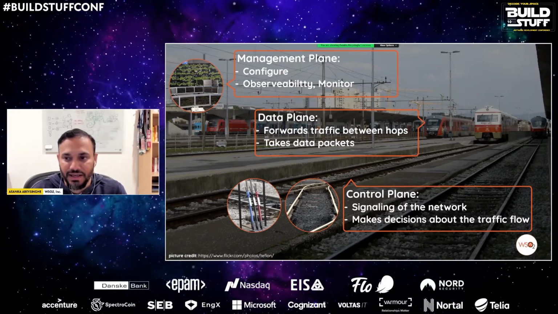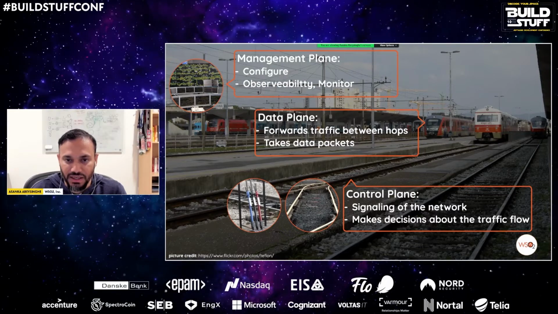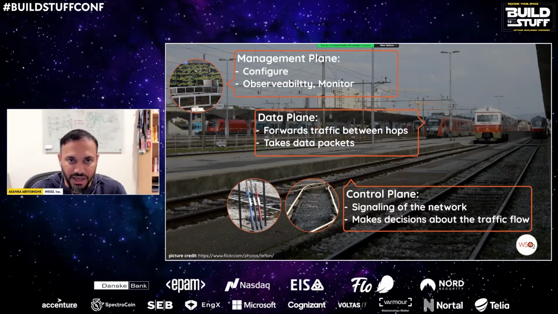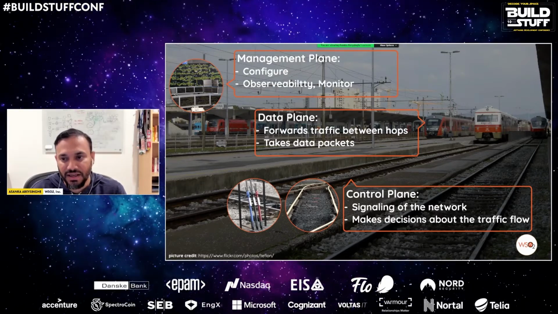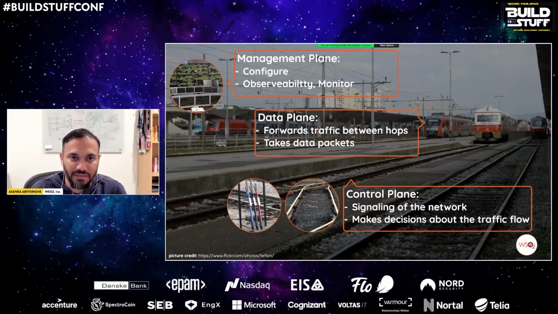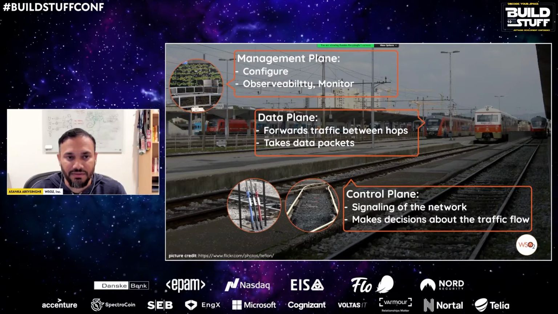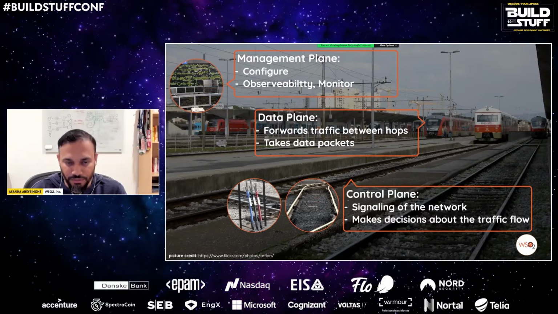The data plane is the train compartments where the passengers, or in networking the messages, are going up and down. And there's a management plane that controls or configures the routes of the trains, as in networking, the management plane creates the configurations of these different types of signals for the control plane.